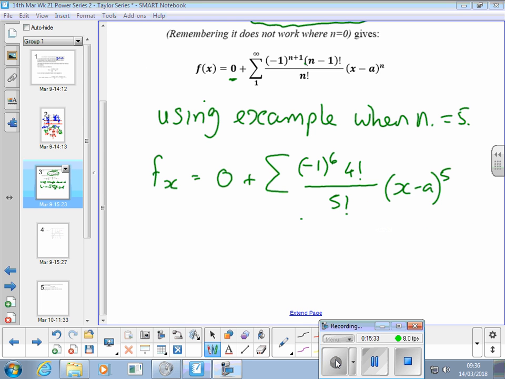So we've substituted in for the example where n is equal to 5.